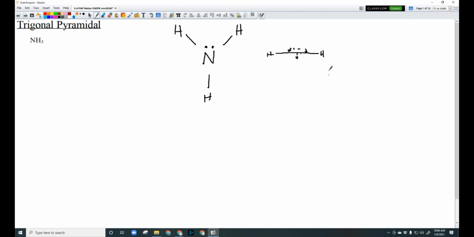And so it's going to pop up into a 3-dimensional shape. It's going to be trigonal pyramidal. It's going to be a 3-sided pyramid, trigonal pyramidal, because these lone pairs of electrons are forcing all 3 of these bonds downward.